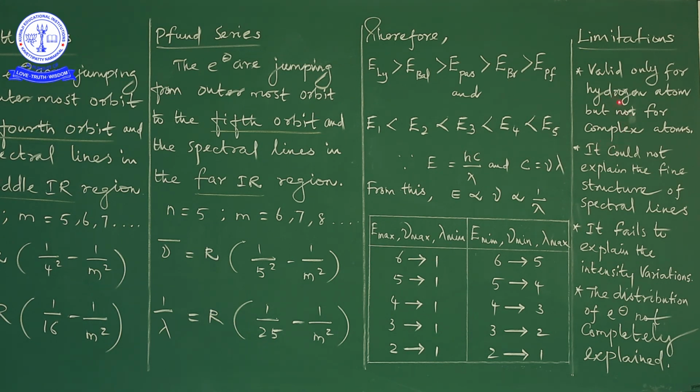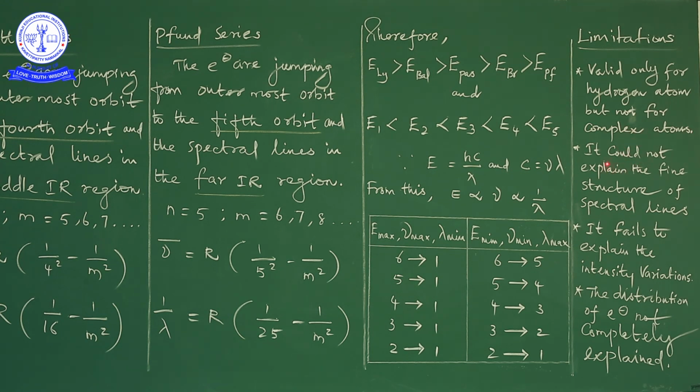So the Niels Bohr atom model is valid only for the hydrogen atom because the atomic number of hydrogen is Z equal to 1. Z equal to 1 means we may not mention it, as it does not make any impact on the given equation. So that's why the Bohr atom model has some limitations. That is number 1: it is valid only for the hydrogen atom but not for complex atoms.